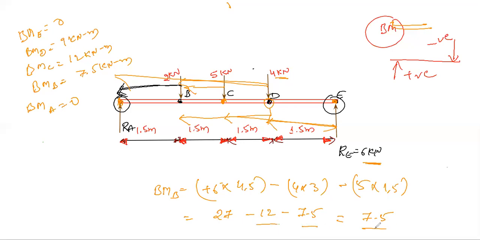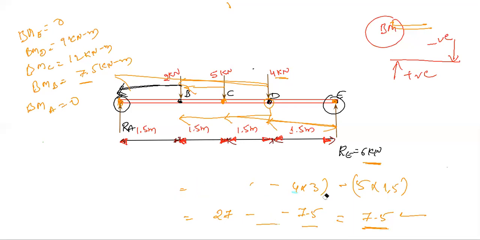You will get 7.5 is the answer. चेक करो एक बार. इजी. 12 प्लस 7.5 कितना हो गया? 19.5 हो गया. माइनस 27 करो, उसमें कितना हो गया? 7.5 आ गया. ओके, so at this point it is 7.5.